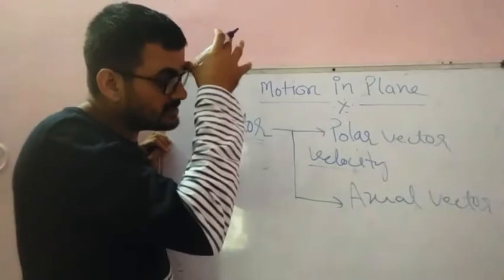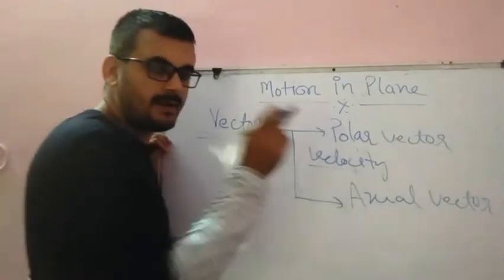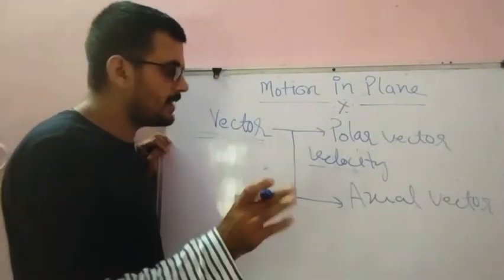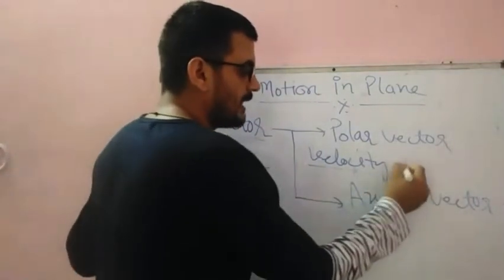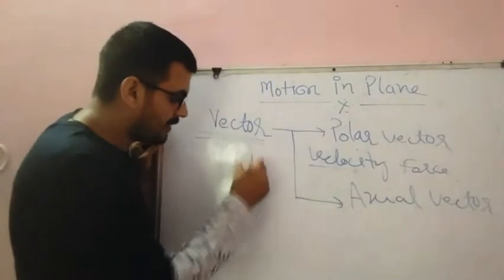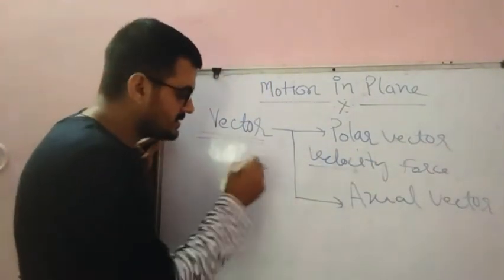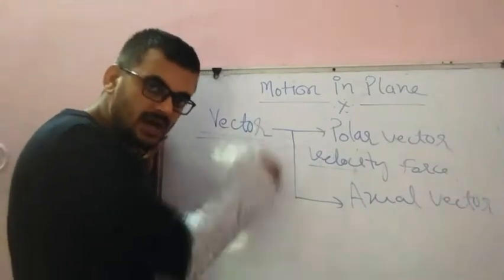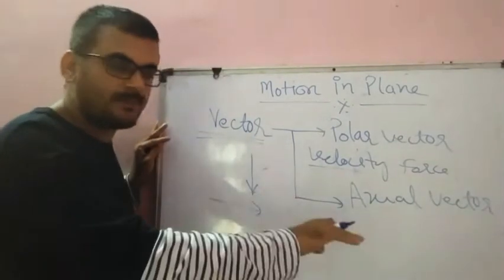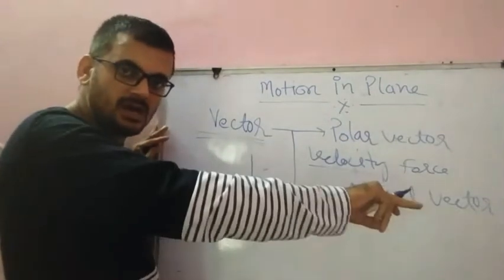Okay, so first, what is the meaning of polar vector? Polar vector is that vector which is directed towards the motion of the body, like velocity, like force. Like if force is applying to this side, the direction of the polar vector will be towards that side.